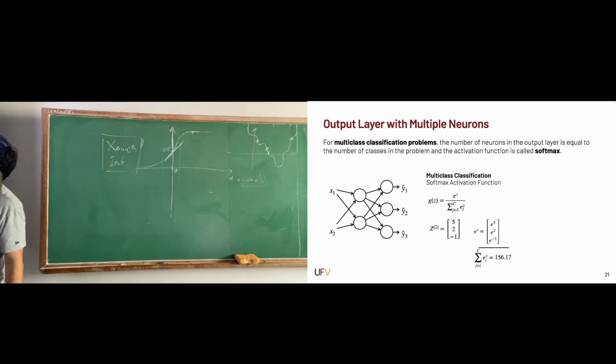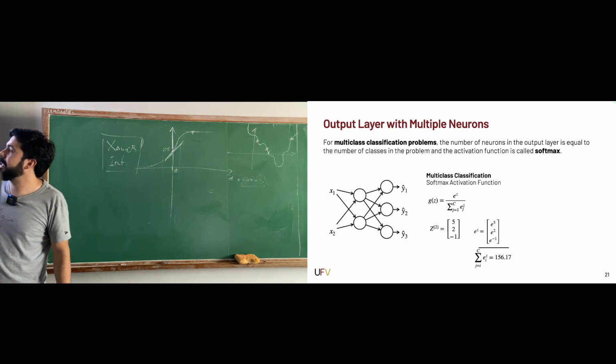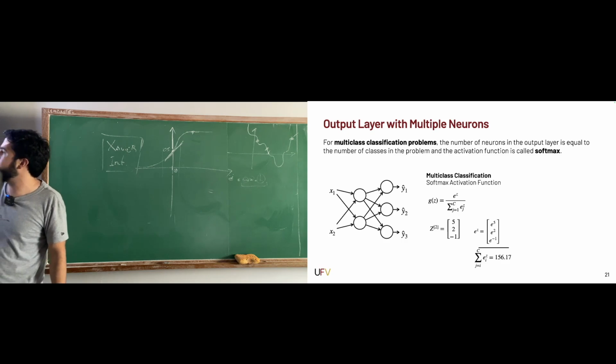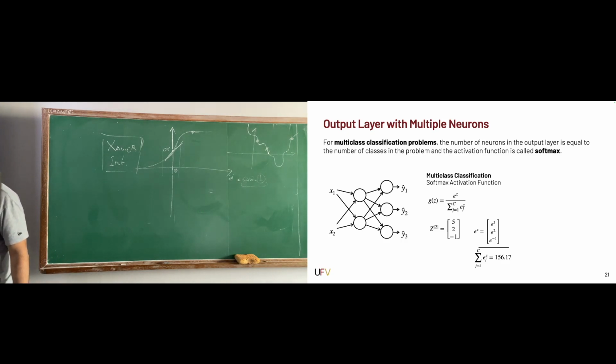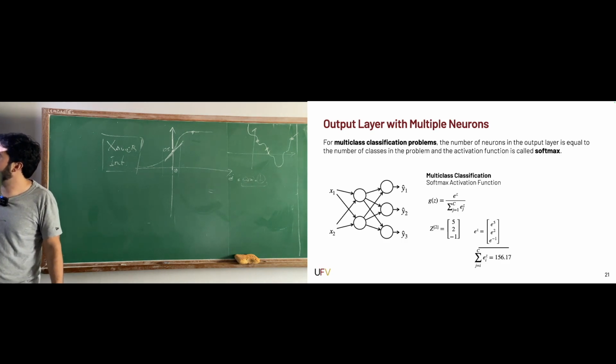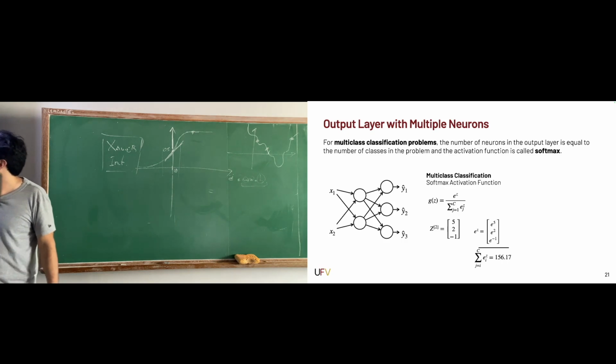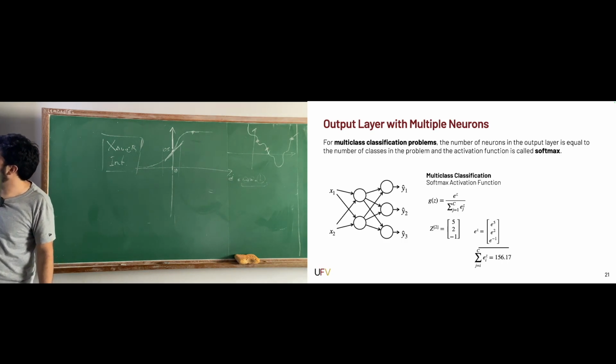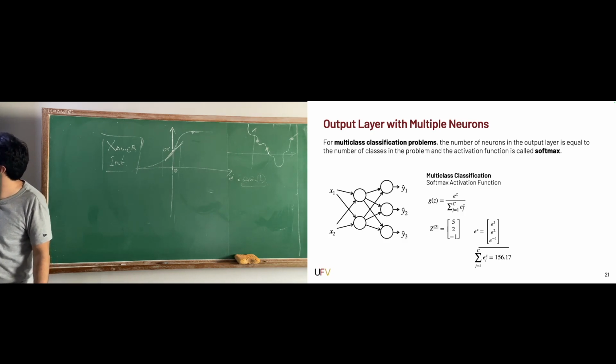So if I had this, then I would compute the softmax of my last layer by first computing this vector e to the z, which would be e to the 5, e to the 2, and e to the minus 1, and that would be divided by the sum of these 3 numbers.